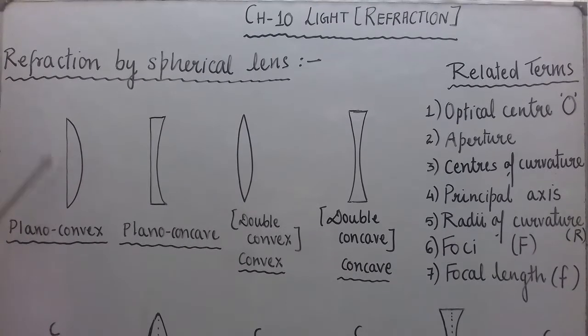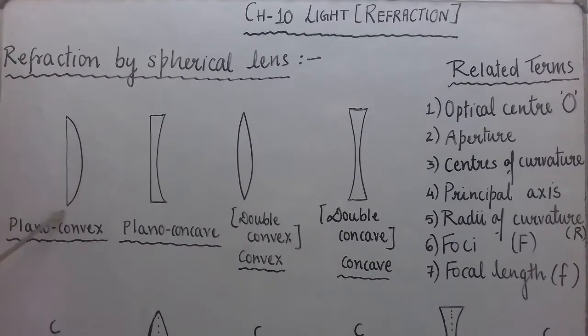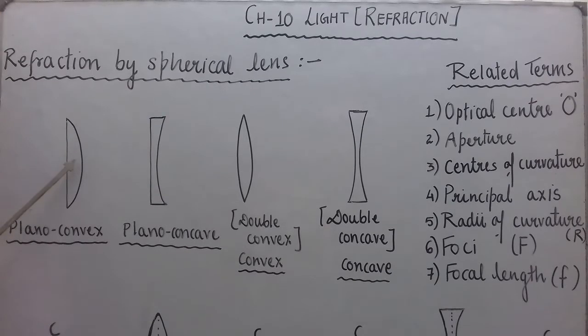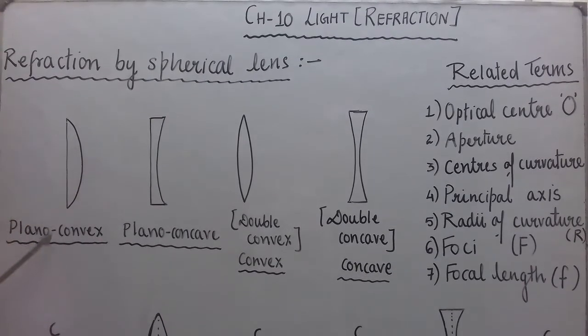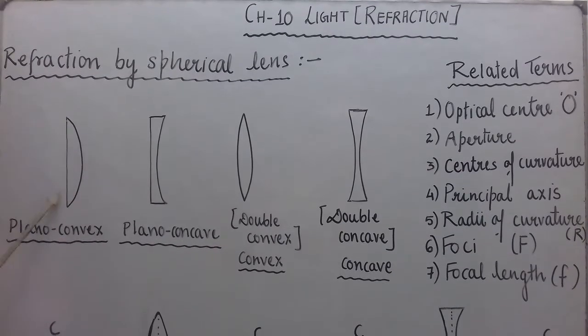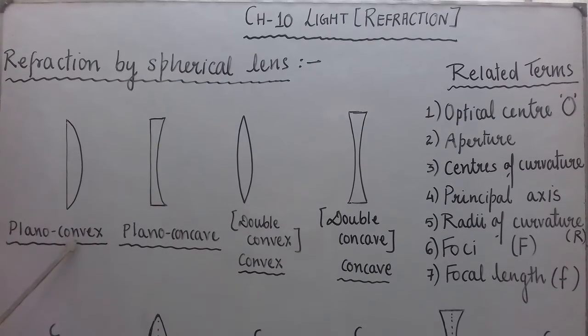One is plane and the other is curved. It is spherical and it is curved outwards. As it is curved outwards, we can call this surface convex and this plane. So we can call this lens a plano-convex lens.